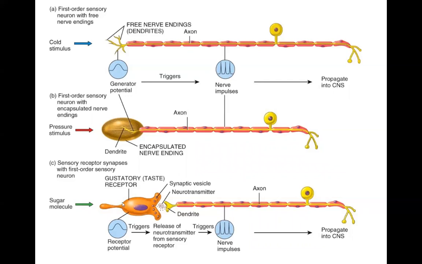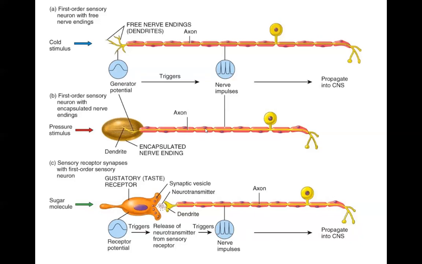We have to first stimulate these receptor cells, creating a receptor potential, which triggers the same stuff that we learned about previously. Synaptic vesicles going through exocytosis, releasing neurotransmitters into the synaptic cleft, come across the cleft and bind to receptors on the other side. That's what triggers the action potentials in the first order neuron in this case.